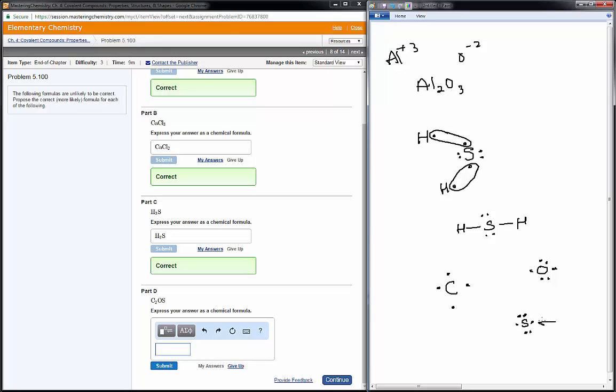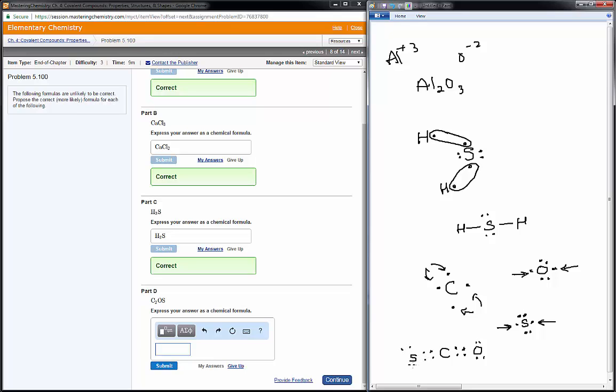So sulfur wants to make 2 connections, and oxygen wants to make 2 connections, and carbon can make 4 connections, right? So the easiest way to do that would be to have carbon using 2 of its electrons to make 2 connections with oxygen, and the other 2 of its electrons to make 2 connections with sulfur.